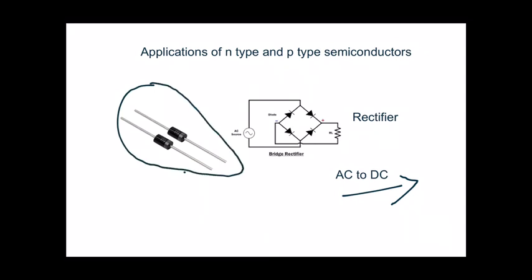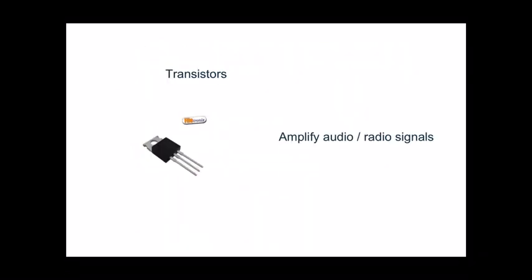This diode is used as a rectifier. Then transistors. Transistors are made by sandwiching an N-type semiconductor in between two P-type semiconductors or a P-type semiconductor in between two N-type semiconductors. So transistors, as you know, are used to amplify audio and radio signals.